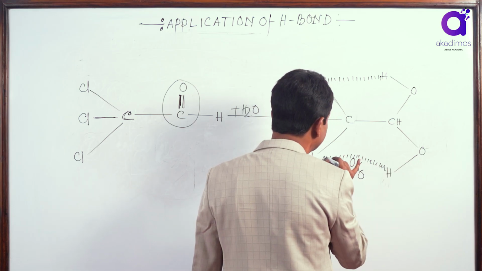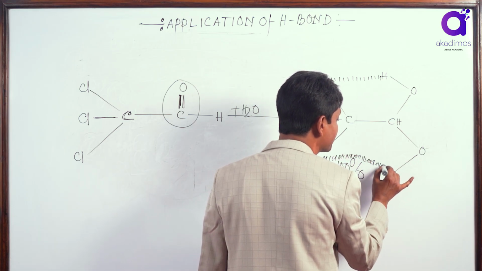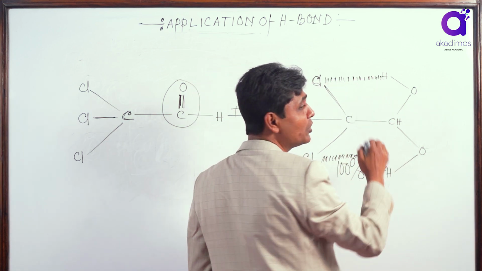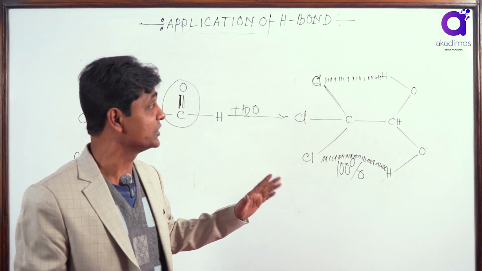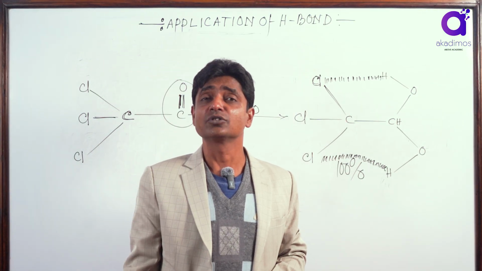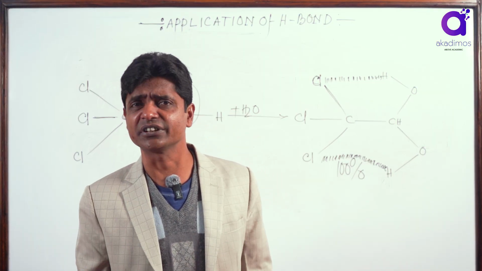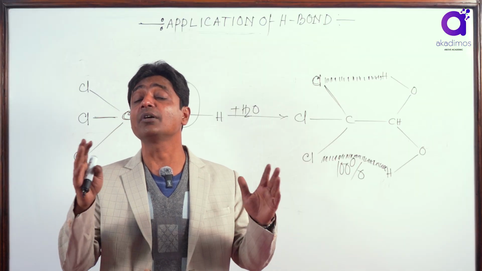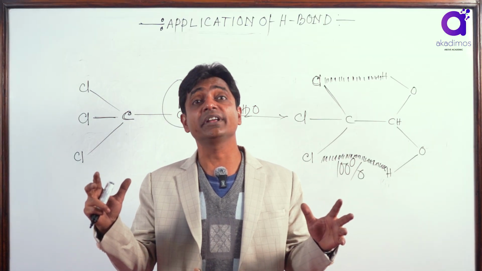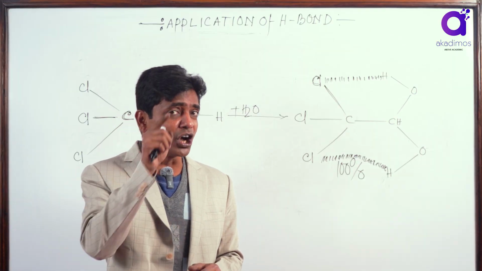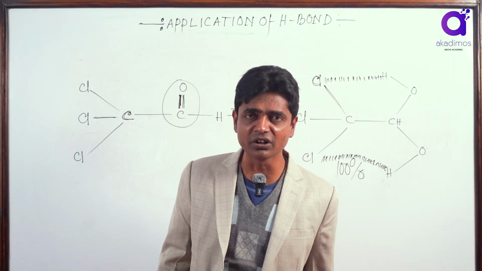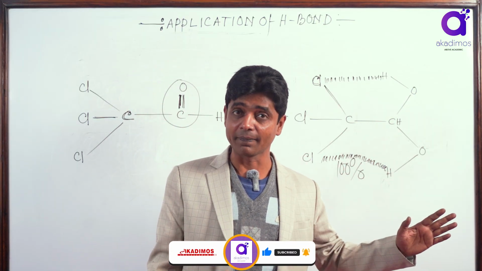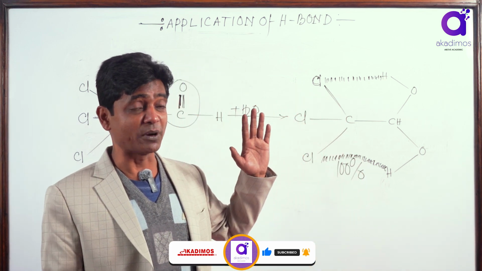Chloral exists as the hydrated form 100% due to this intramolecular hydrogen bond, which increases the stability of the hydrated form. So many examples you will get in organic chemistry. Hydrogen bonds, intermolecular as well as intramolecular, will change properties abnormally. If you consider the hydrogen bond, then you can explain the abnormal phenomena that I have discussed in conformers.